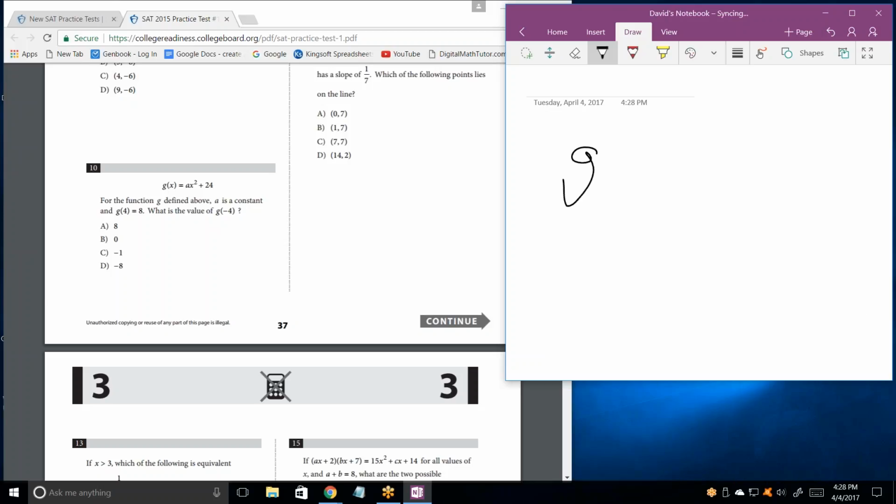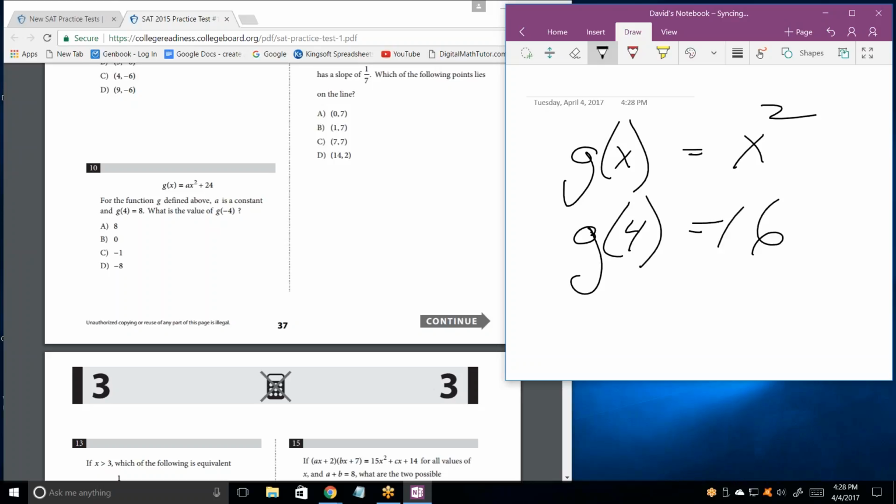Let me explain a little bit more here. If I said this, and you say, well, g of 4 is 16, I know that g of minus 4 is going to be the same answer. It has to be, because when I plug minus 4 in there, the minus part disappears because it gets squared. So I can instantly say it's 16 without even doing the math.